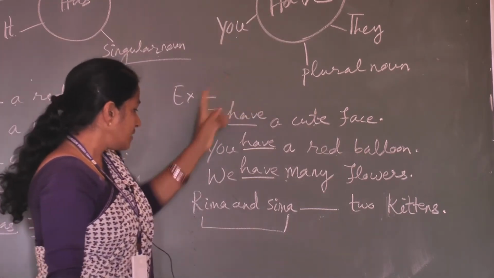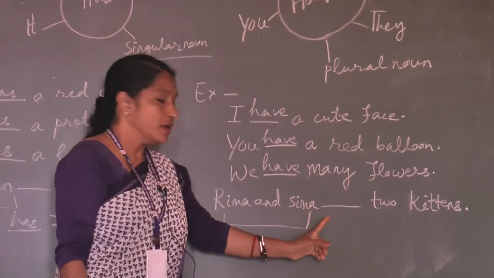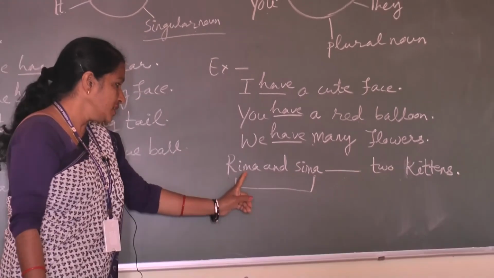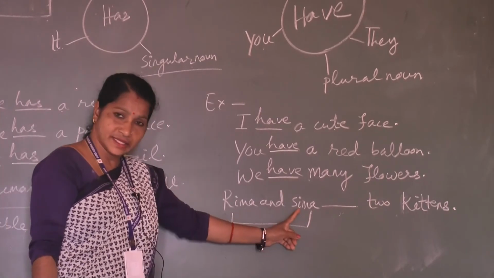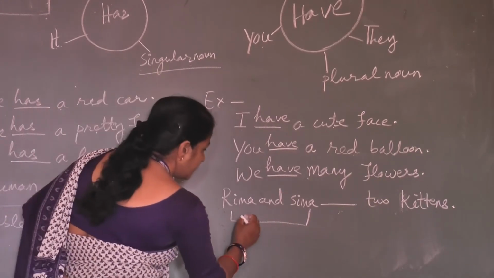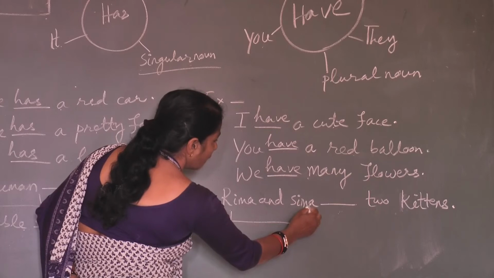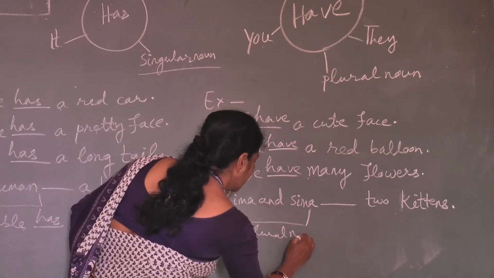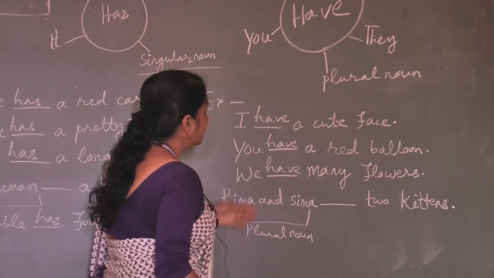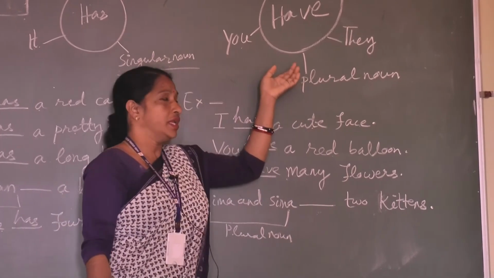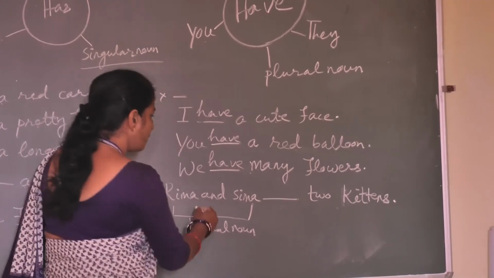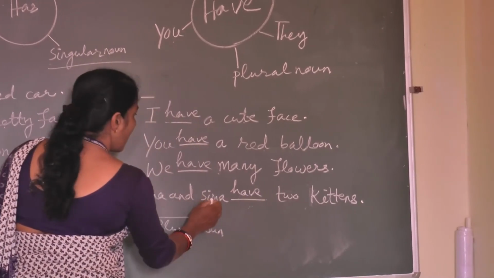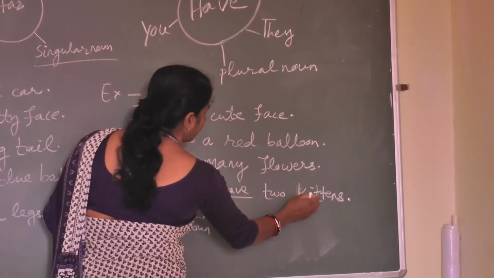No, children, there is no Rima and Sima. These are plural nouns because one is Rima and one is Sima. This is more than one. This is a plural noun. You see here, children, with a plural noun we use have. So what do we have to fill here? Have. Rima and Sima have 2 kittens.